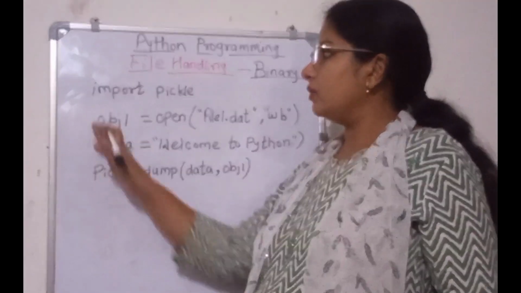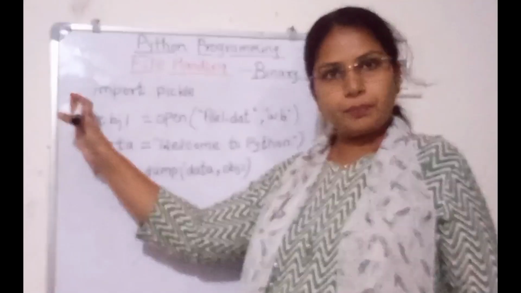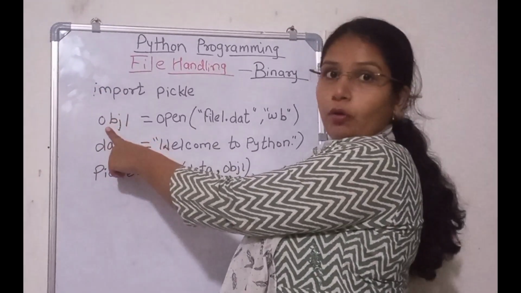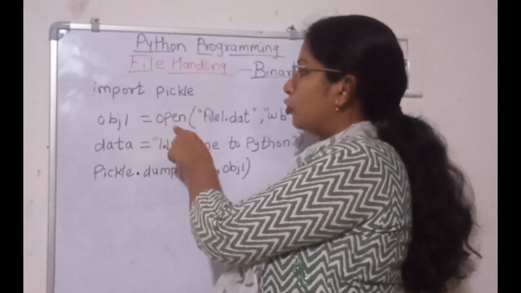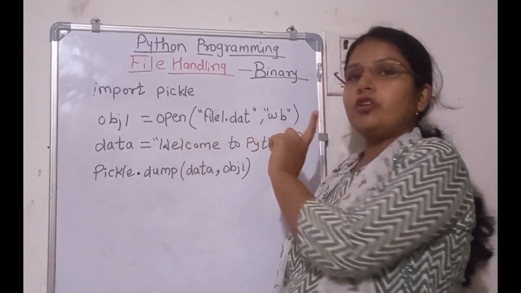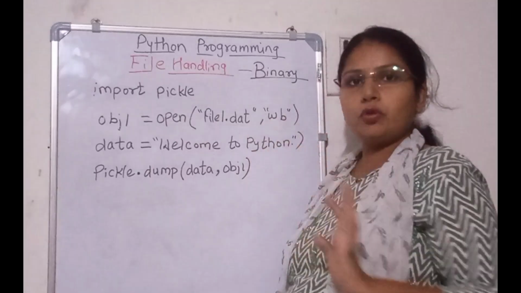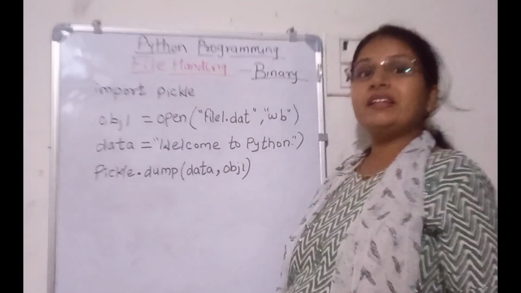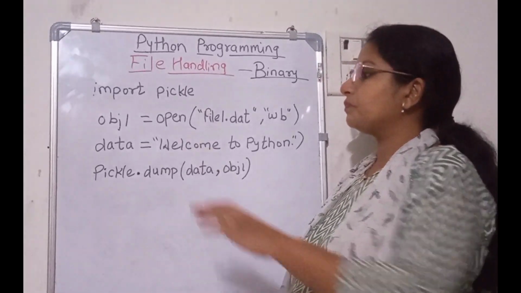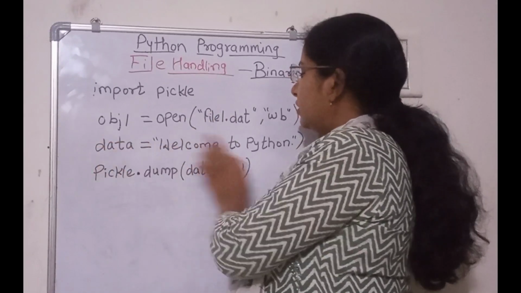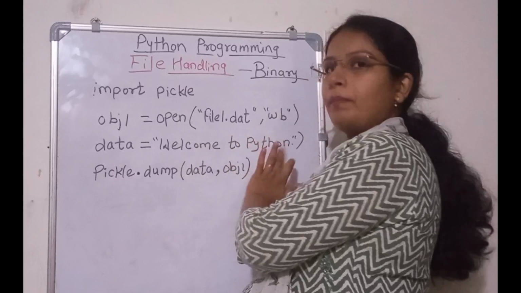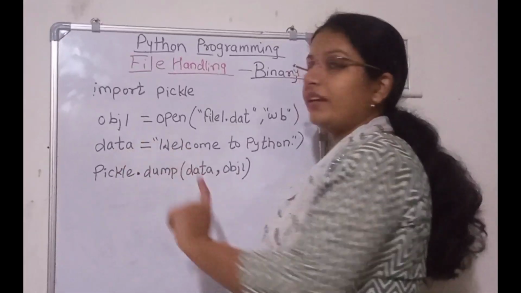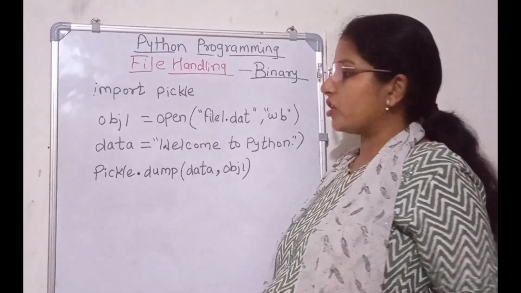So what we have done, first we have imported the pickle module, import pickle. Then we have created the file object. Object 1 is equal to, we have opened file1.dat in WB mode, write mode. So the file is automatically created, now it's an empty file. Then we have taken this string, welcome to Python. This string is in plain text format, stored in the data variable or data object.